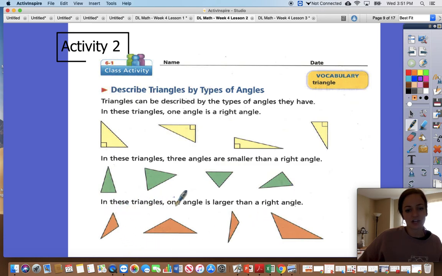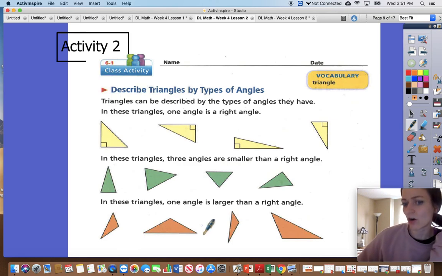And then in these triangles, one angle is larger than a right angle. So all of these ones have an obtuse angle. They're bigger than a right angle. Like this one angle is bigger, this one's bigger, this one's bigger, and this one's bigger. And you're probably thinking, Ms. Cook, why aren't all of the angles obtuse? That's impossible to draw, okay?